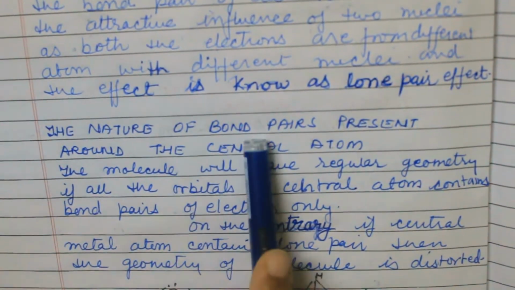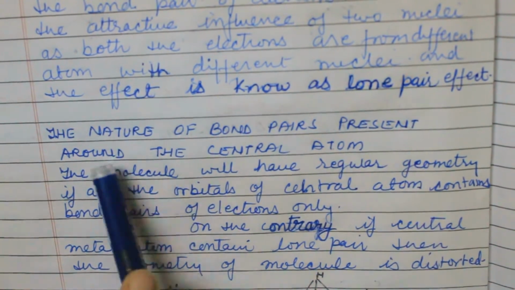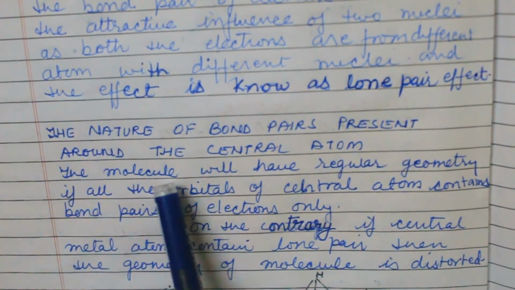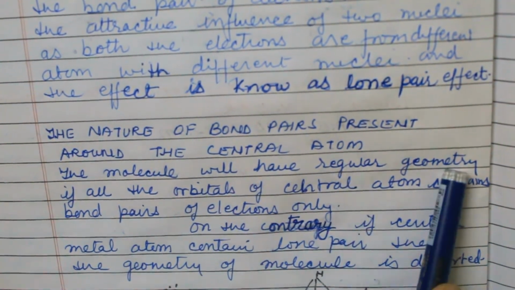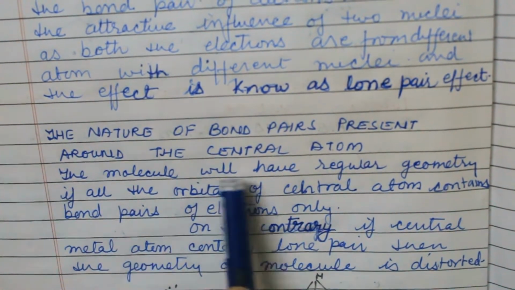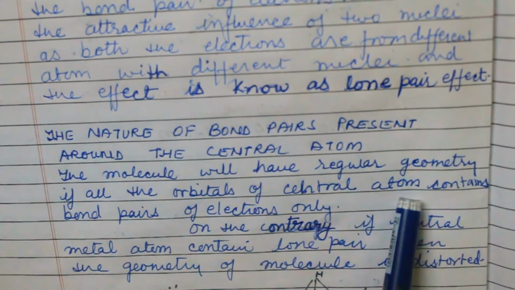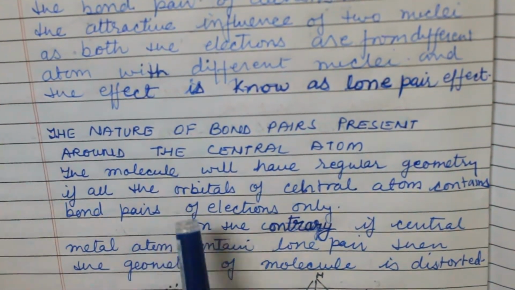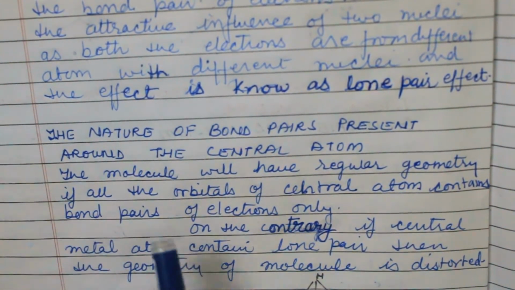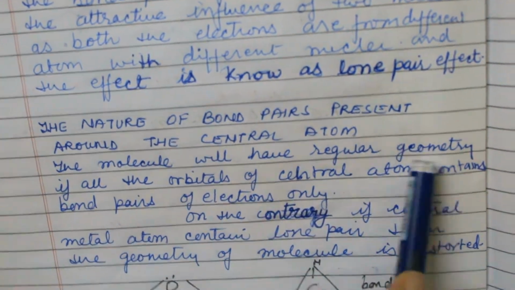So depending on the nature of the pairs present around the central atom, the molecule will have regular geometry. If all the orbitals of the central atom contain bond pairs, then the molecule has regular geometry.